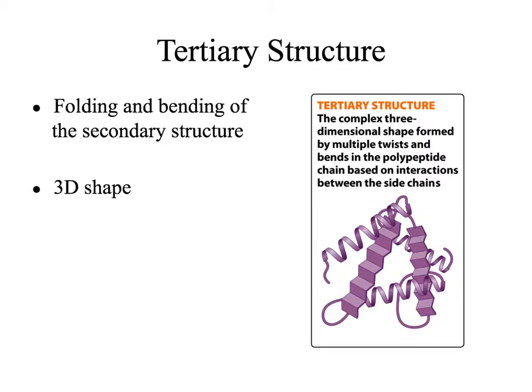We now have folding and bending occurring in that secondary structure when these secondary structures, the helix or twists and pleats, start to interact with each other as well. Some proteins stop here, and they only have primary, secondary, and tertiary structure. Other proteins go on to quaternary structure.